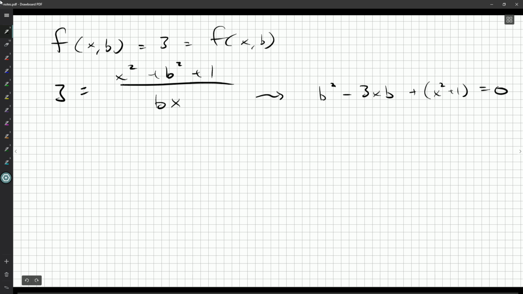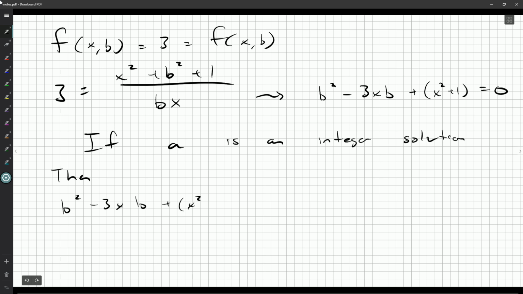And then if a is an integer solution, then what have we got? We should be able to factor this. So one factor we know is a, the other factor we know is c. But then 3x is a plus c. A is an integer, therefore c is 3x minus a.